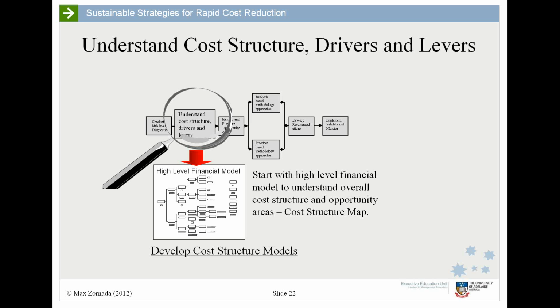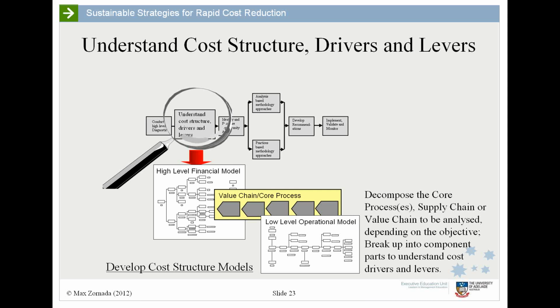Often one of the byproducts of the diagnostic review is that we find what is often referred to as low-hanging fruit, some very quick and easy things that we can do that improve the situation. But the general purpose of the diagnostic review is to get the information to develop the high-level cost structure model, and then drill down by understanding our value chain and our core processes, and decompose those core processes to develop a low-level operational cost model that links to the high-level financial model.